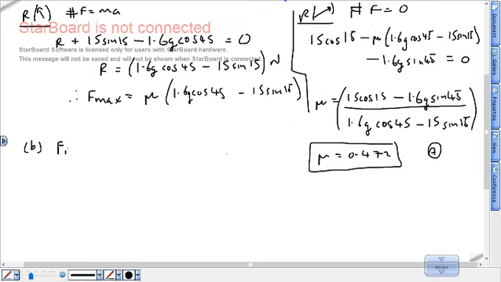So F max is equal to our previous answer times all of this.